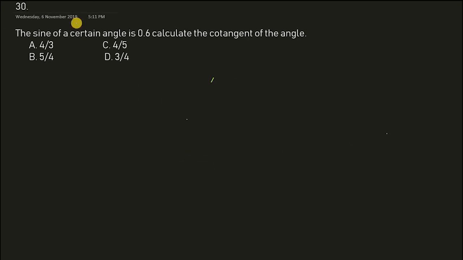Alright? Next, number 30. The sine of a certain angle is 0.6. Okay, so what is 0.6? So let's say sine theta is equals to 0.6. Ano ba yung 0.6 in fractions? Kasi in fractions, pwede nating makita kung ano yung opposite side, tsaka ano yung hypotenuse, ano yung adjacent. So, conversion. 0.6 is the same as 3/5, di ba?